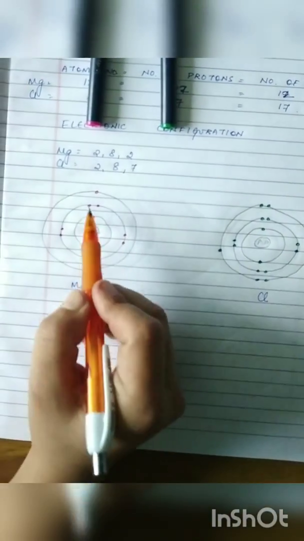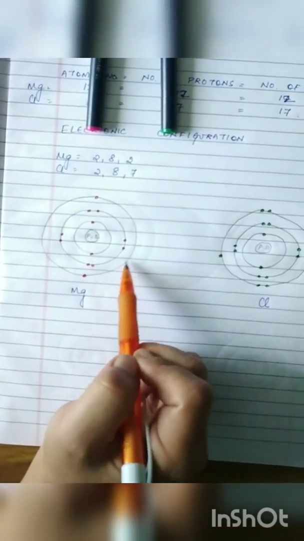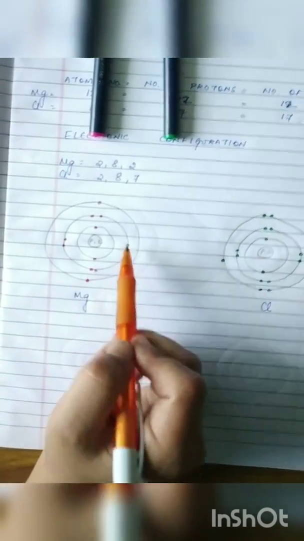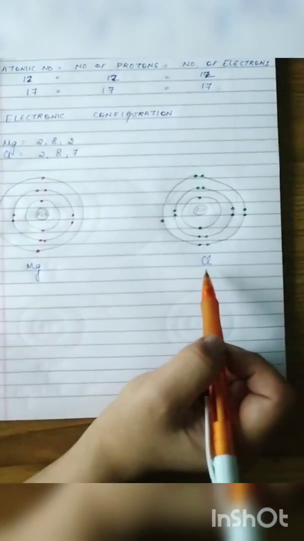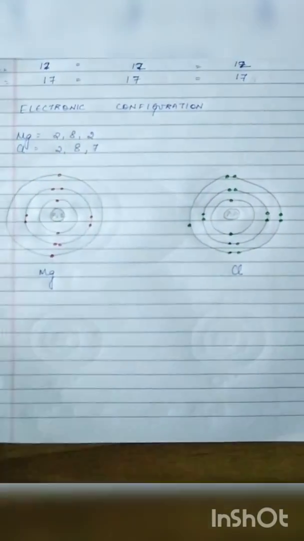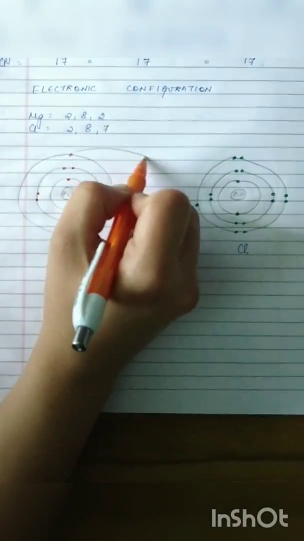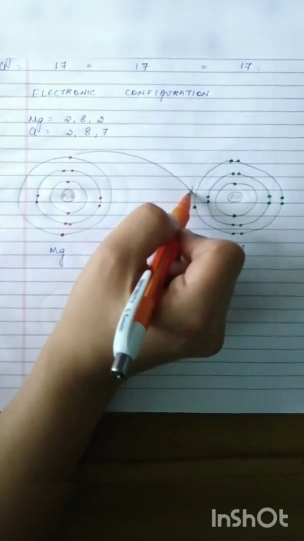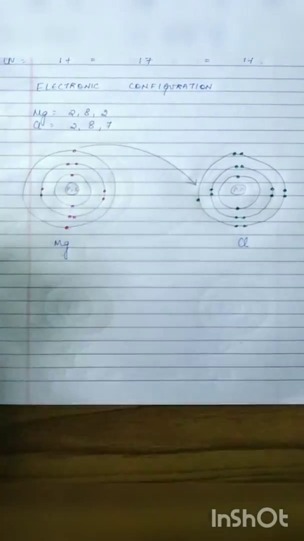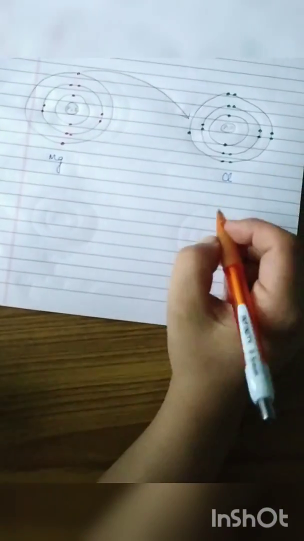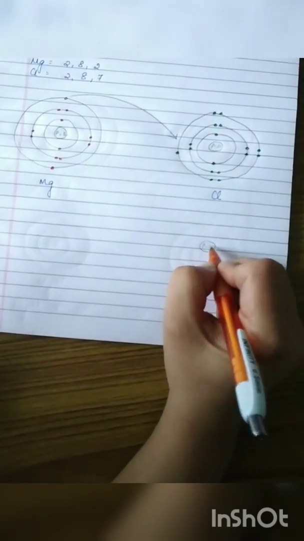Now see here, magnesium needs to give away 2 electrons so that this orbit vanishes and it has 8 electrons in its outermost orbit. Whereas chlorine can receive only 1 electron so that it will have 8 electrons in its outermost orbit. So magnesium gives away 1 electron to this chlorine atom. Now what happens to the other electron? Another chlorine atom will also be required.